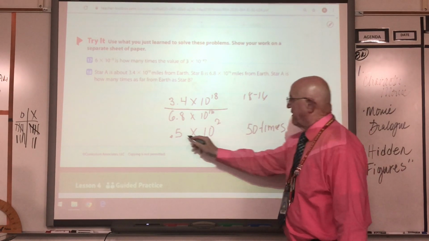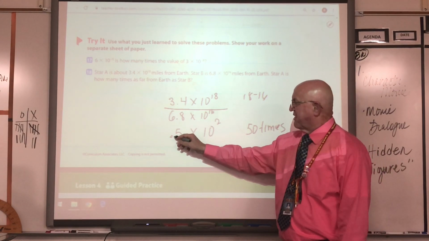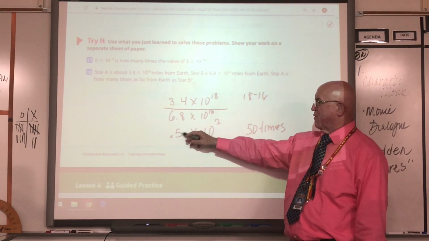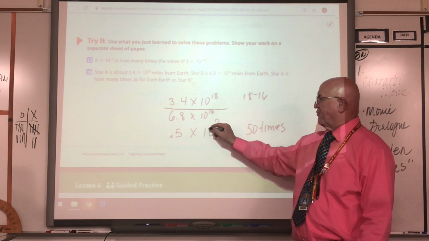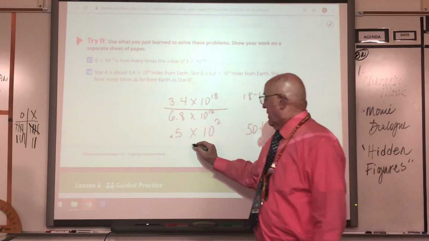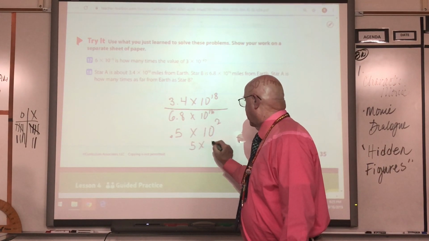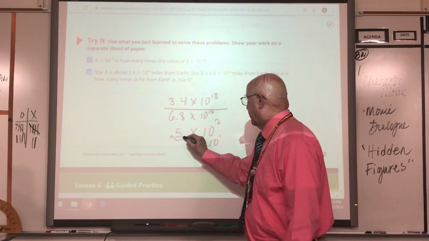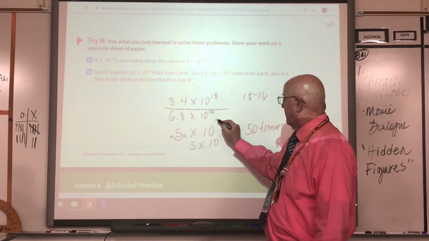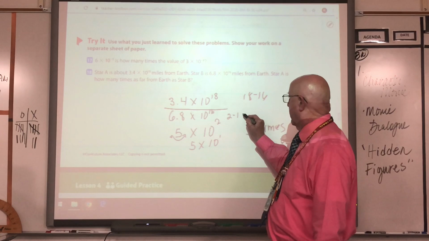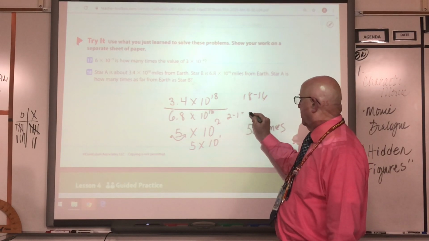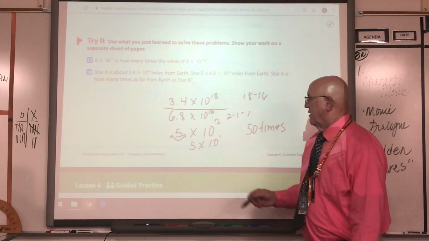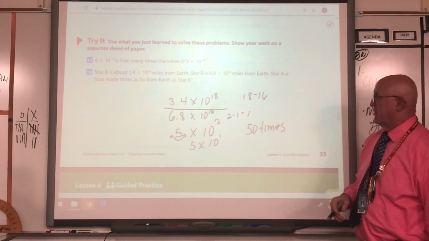But remember, this is not written in scientific notation, because I don't have a decimal between 1 and 10. So the true form is 5 times 10 to the first, because we move the decimal over one place that way, and the exponent has to go the other way by 1, giving us the first power. So our answer is 50 times as much.